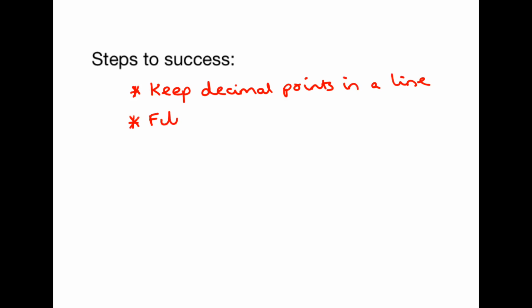Okay, so all I want us to think about just now is what are our steps to success when we're adding and subtracting decimals when we're thinking about money. So I would say that a very important thing is to keep the decimal points in a line. You can fill in any gaps with zeros.